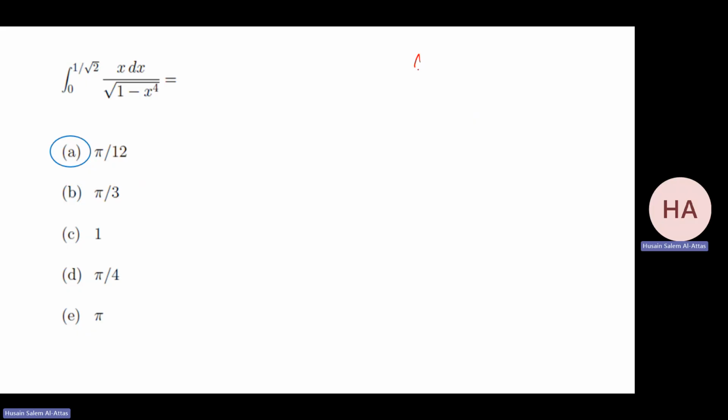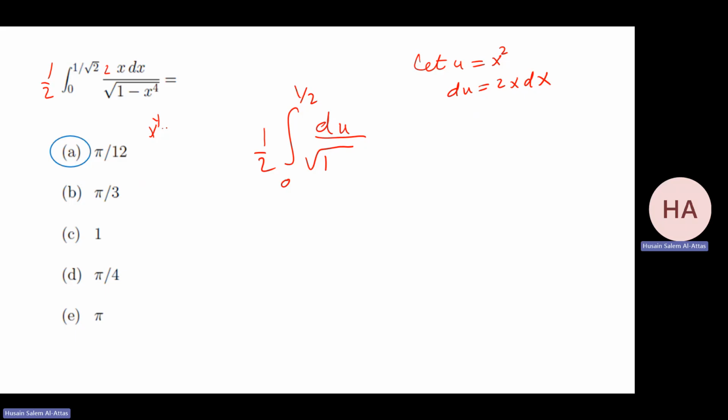Yeah, you let u equal x squared. du will be 2x dx. That makes it 0.5. I put 2.5 outside, so that will be half integral of du over the square root of 1 minus... x to the power 4 is x squared all squared, and I put 2x squared, it will be 1 minus x squared.